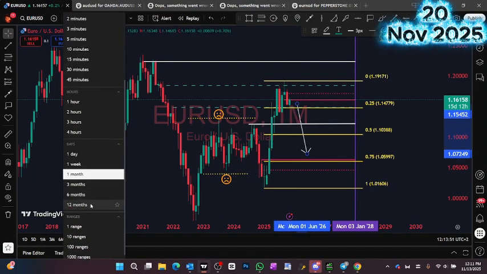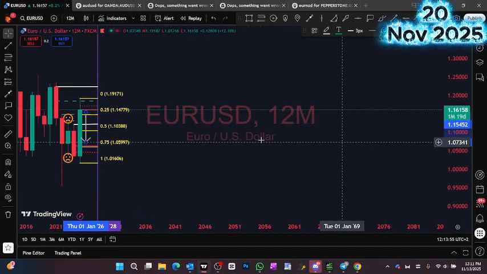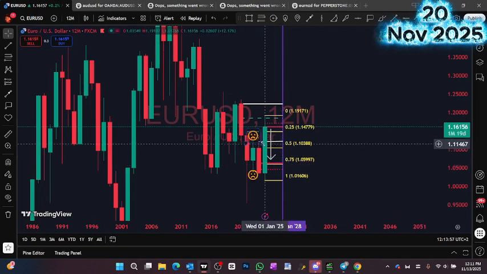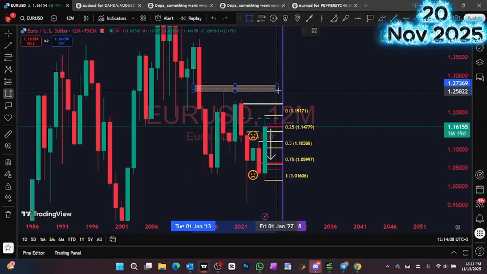Just keep in mind on the 12 months, the euro is bullish because it needs to go over and close this fair value gap over here.